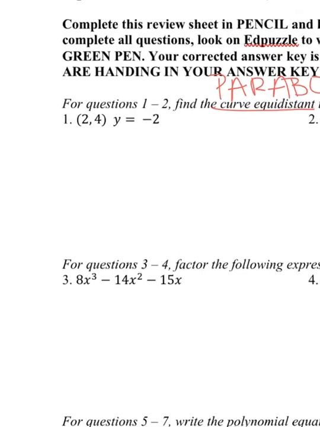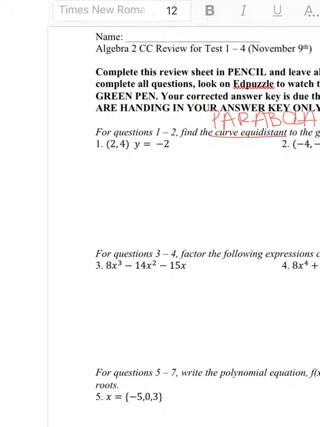For number 1, the focus is (2, 4), and the directrix is y equals negative 2. I always suggest you draw it. So (2, 4) is right up here, and y equals negative 2 is down here. So I need to go exactly in the middle.